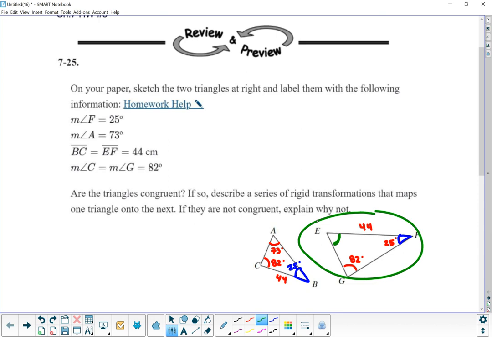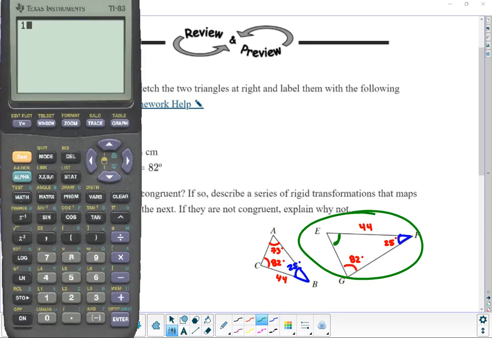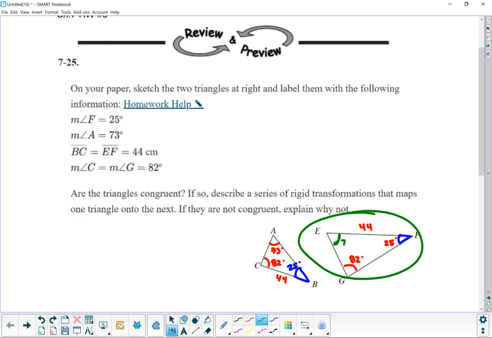In this triangle, you start with 180 degrees and take away what you know. You take away 82, take away 25, and that gets you 73. So this angle here is 73 degrees, which matches exactly with this angle here, which is 73 degrees.